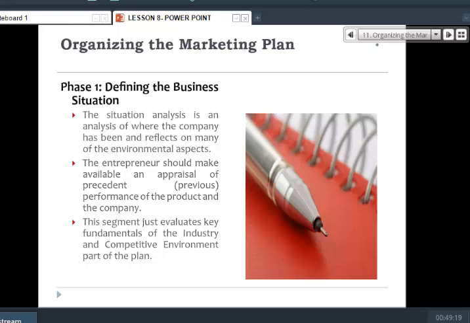So a well-prepared marketer, a well-prepared entrepreneur, must measure the previous work. Do not ignore the previous performance.